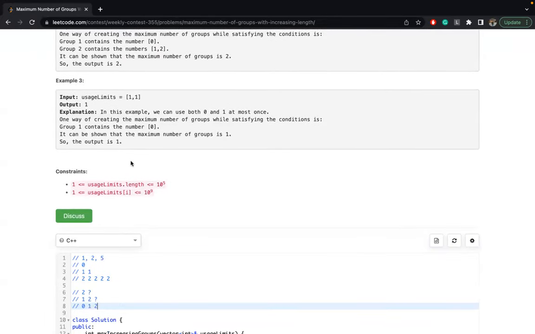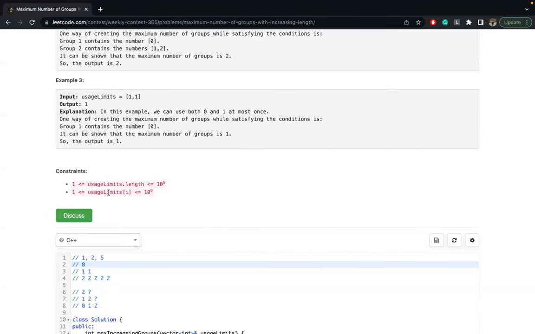Now let's talk about the constraints also. You can see the length of this array, the numbers that are possible, is up to 10 to the power 5, because the numbers 0, 1, 2 are represented as indices, so that can go to a maximum of 10 to the power 5.